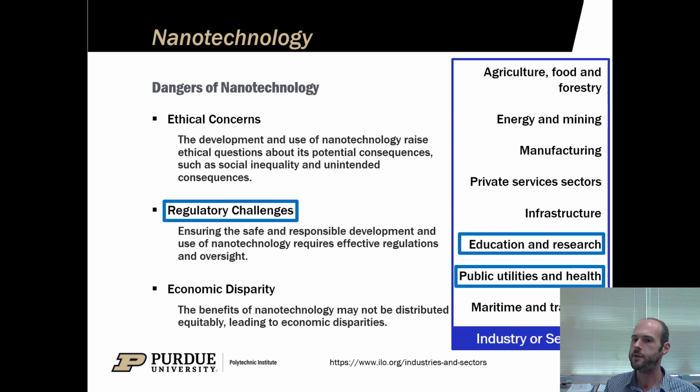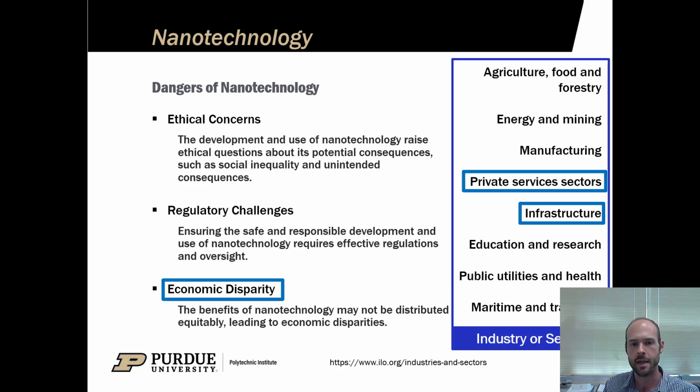And so research into these areas on how we can regulate and sustainably integrate nanotechnology into our current society and economy requires additional research, and then education is required to create a workforce that can actually produce and keep up with new types of technologies, which will require new manufacturing techniques.